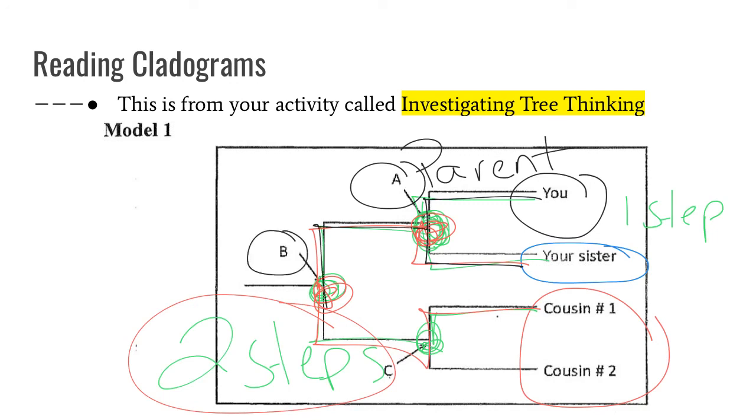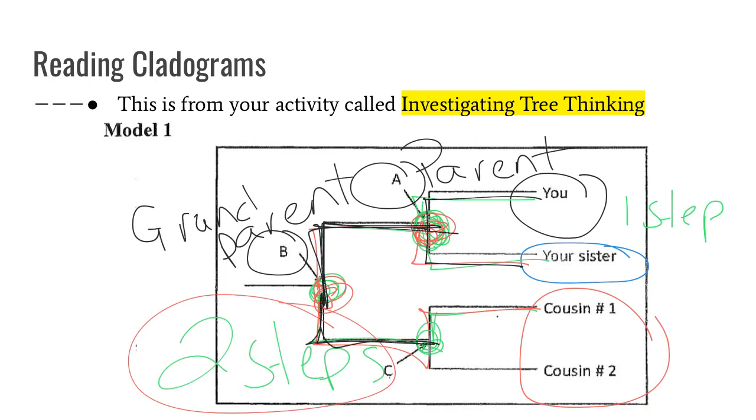That is who created your parent, so that's obviously your grandparent. And then C would be someone who is from your grandparent but is not your parent. So this would be either an aunt or an uncle to you.